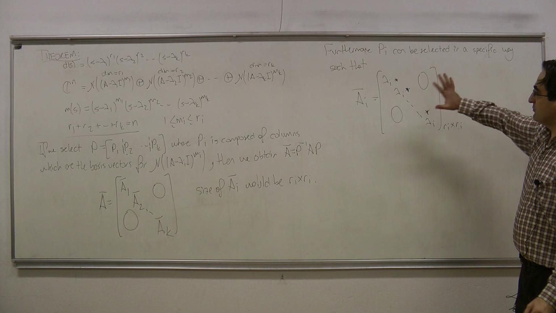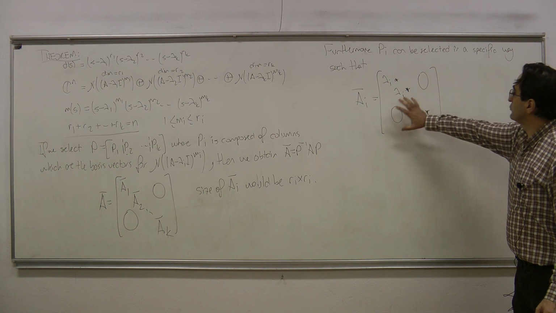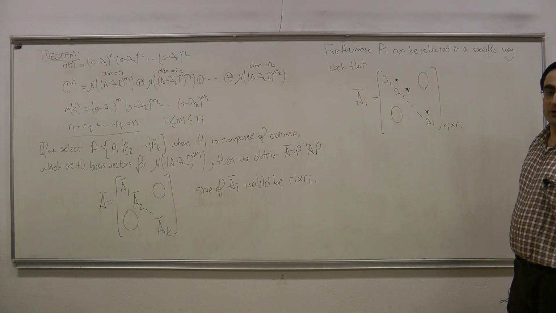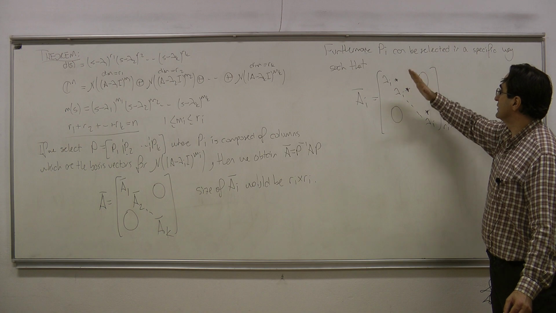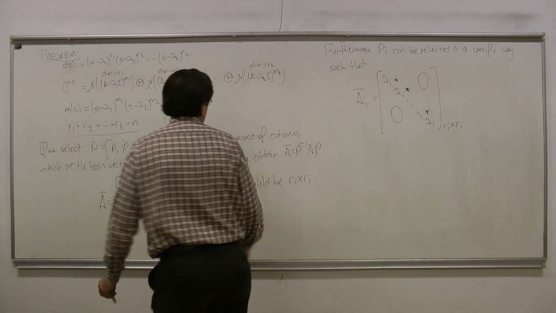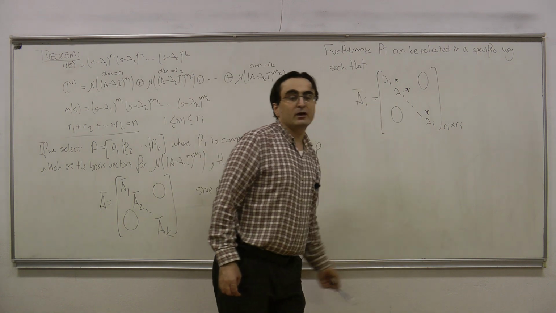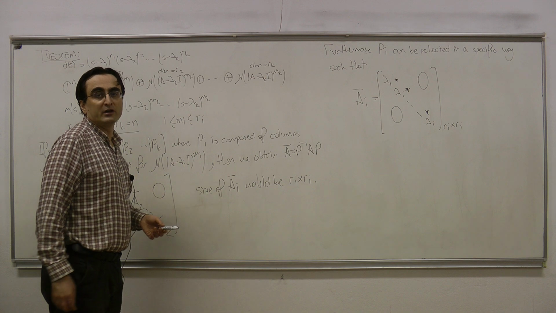Okay? And this is a very, very specific form, as you see, right? It is almost completely filled with zeros, except for the diagonal and the one above the main diagonal. Okay? And the diagonal is filled with the eigenvalues corresponding to the subspace that we are working with.